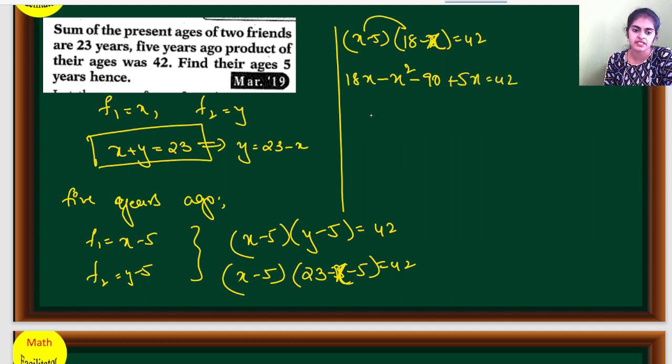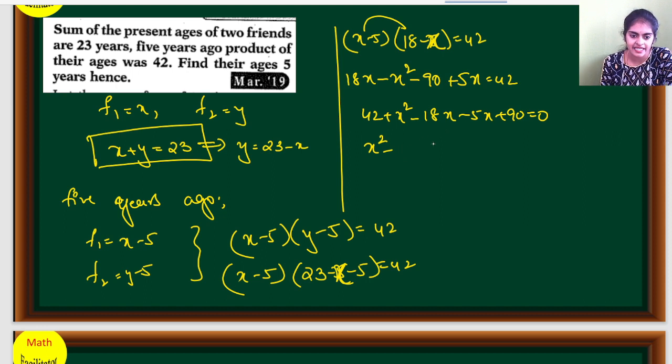Transposing everything to the other side, you will have 42 plus X square minus 18X minus 5X plus 90 equal to 0. Or I can write this as X square minus 23X plus 42 plus 90, that is 132, equal to 0. So this is the final equation I got.